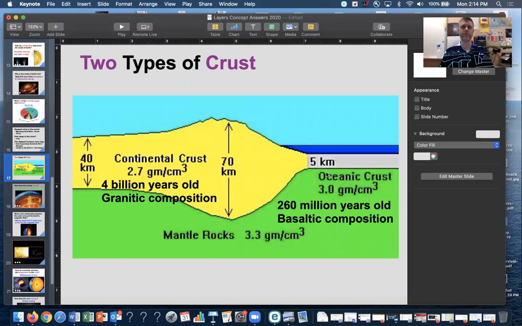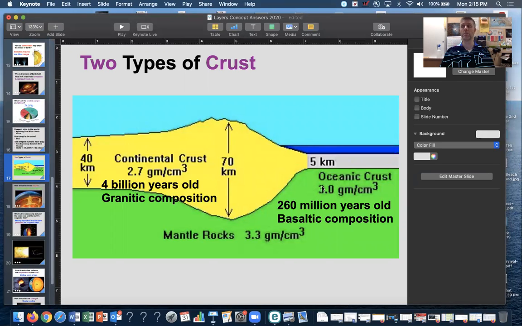The densities are pretty close, but oceanic crust is more dense than continental. So continental has a density of about 2.7 grams per cubic centimeter. Oceanic crust has a density of about 3 grams per cubic centimeter.